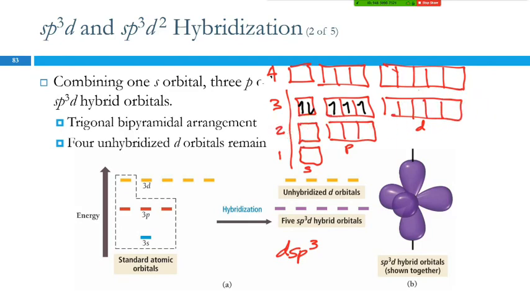So in the hotel analogy, hybridization is like remodeling the floor, taking down some walls, maybe putting up some different walls. So if I'm going to form an sp3d hybrid orbital, I'm going to take the s room, the p room with its 3 beds, and part of the d room, and I'm going to make one large room out of them.